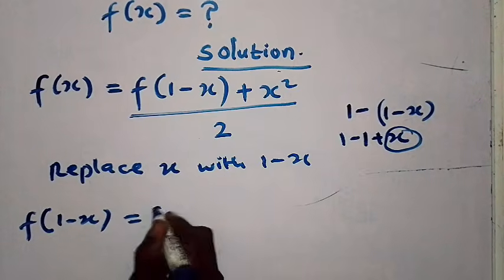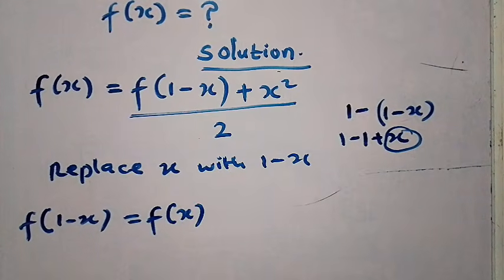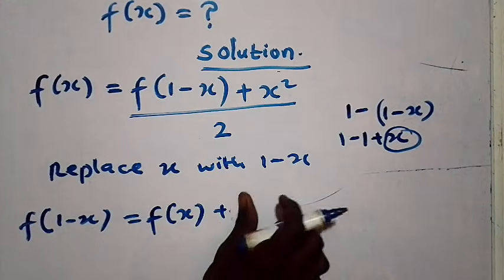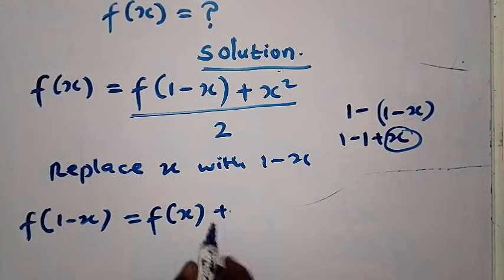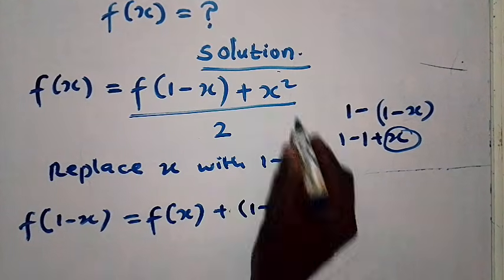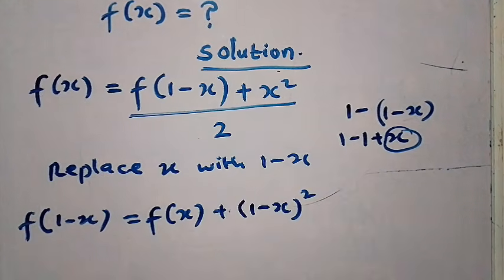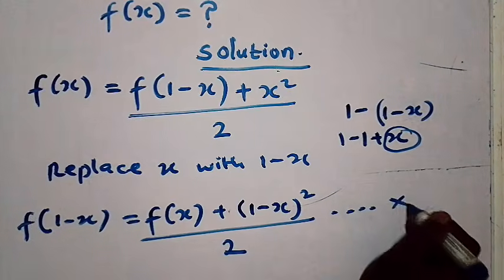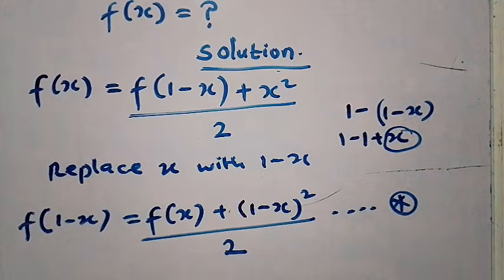Therefore, here will be f of x plus, this is x again, replace it with 1 minus x. But don't forget, it has squared. Everything divided by 2. Let's label this equation asterisk.